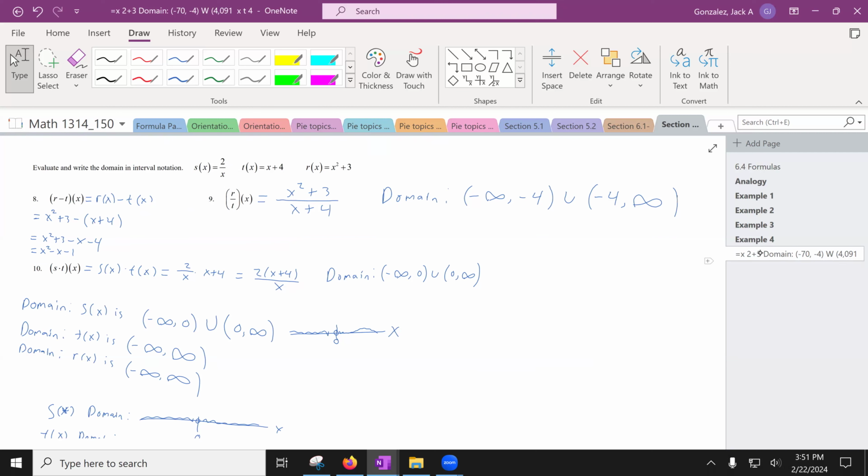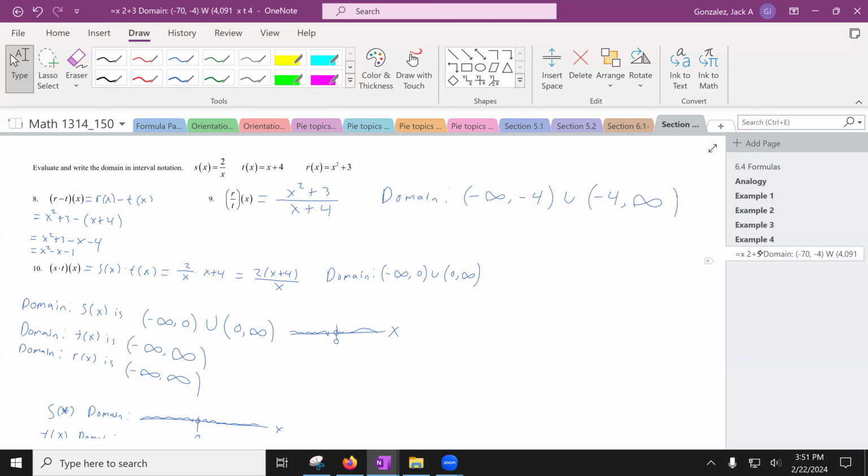So what if those flip? What if T was on top and R was on bottom? That one wouldn't have any problems. The problem before is if you plug in -4, the bottom turns to 0. But if this was on the bottom, this can never be 0.